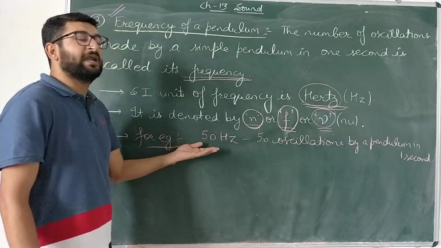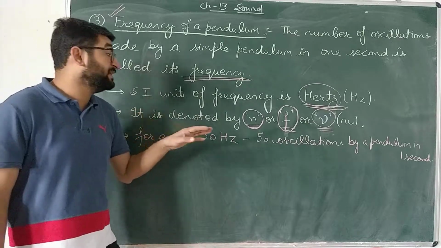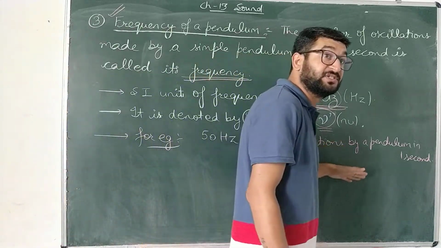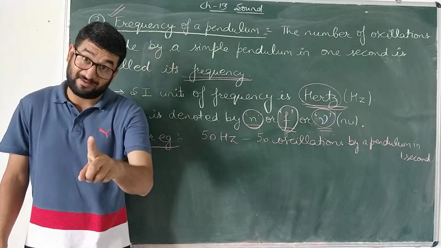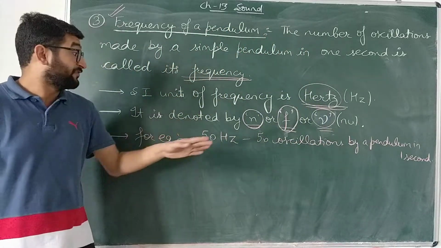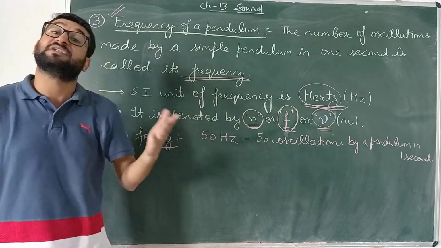If someone says that the frequency given to you is 50 hertz, it means that 50 oscillations are completed by a pendulum in 1 second. Or you can say that 50 vibrations are completed by a sound wave in 1 second.